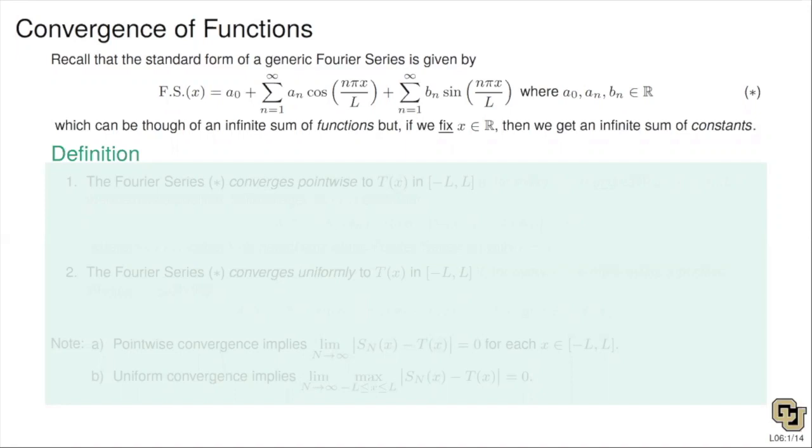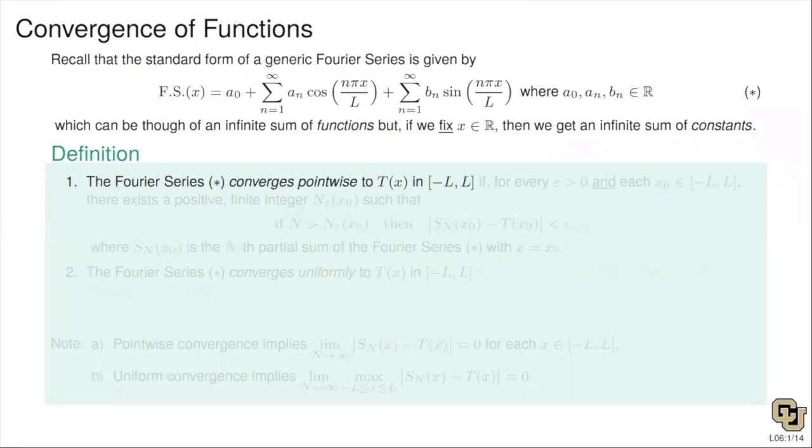It's just an infinite sum of constants, okay? So the Fourier series star up here. When I say star, I'm referring back to this formula. The Fourier series above there, we say converges pointwise to some target function T of x, T for target.